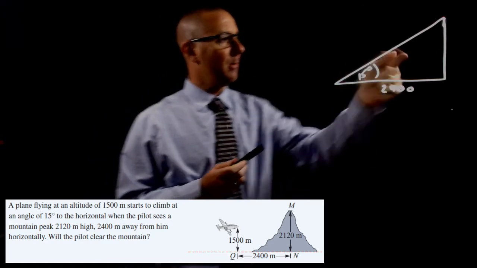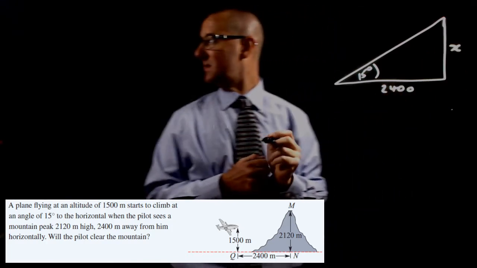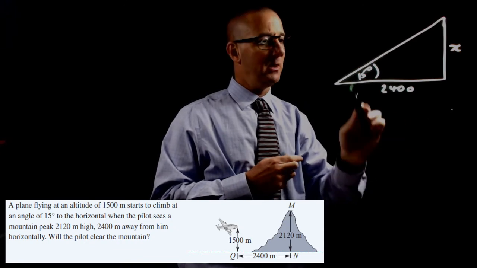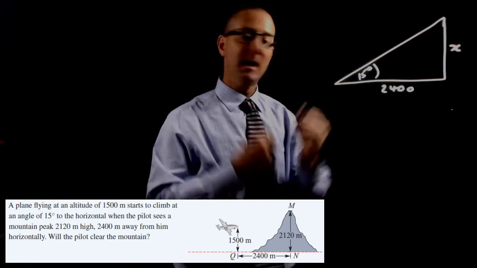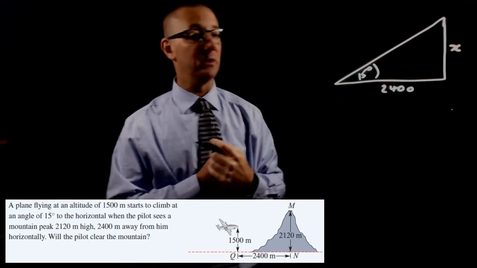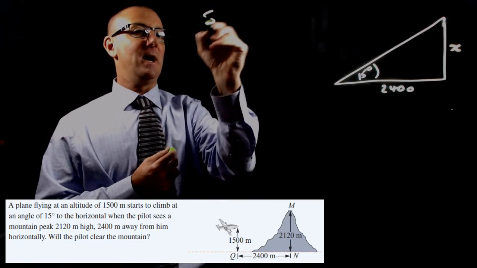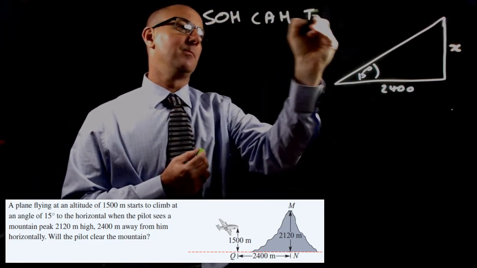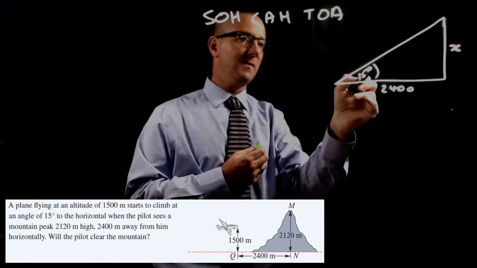So what we're going to need to do is find this distance here, which is the distance that it's going to climb over the next 2,400 metres if it's climbing at an angle of 15 degrees. So this is something that we can apply our trigonometry to. So you'll remember once again that we've got our memory trick, our SOHCAHTOA, and in this case our angle is 15 degrees.